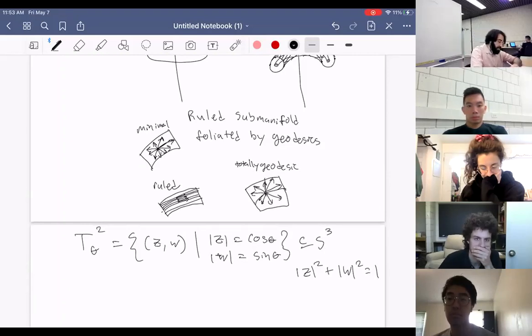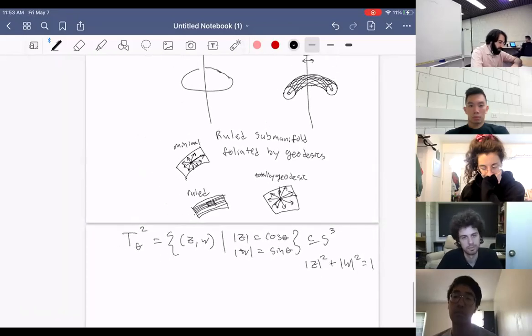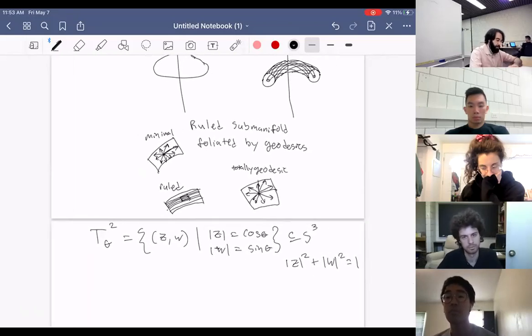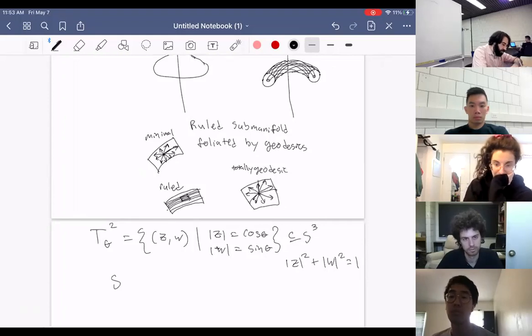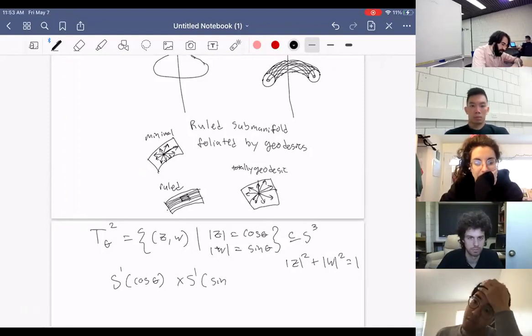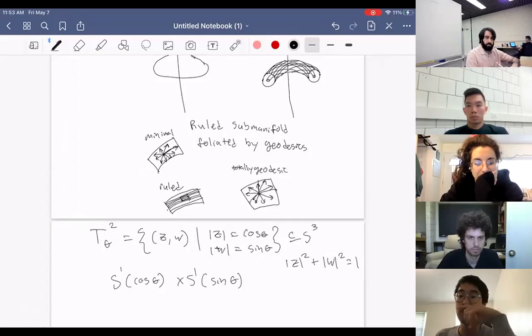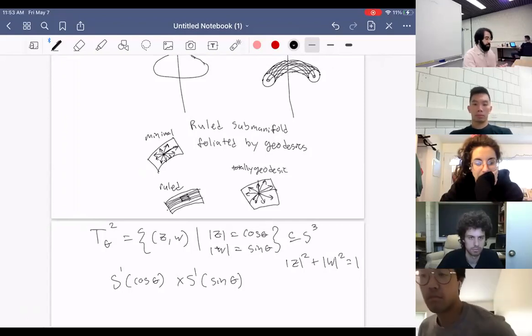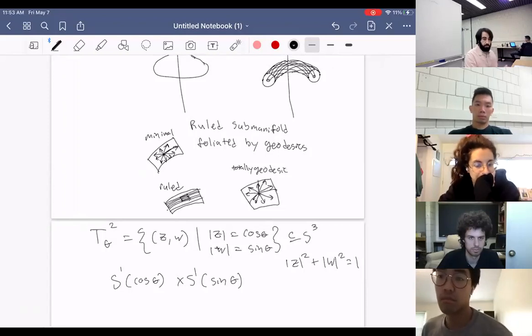So this T² is really just the product of two different manifolds. This is just the product of S¹ of radius cosine theta and S¹ of radius sine theta. It's an actual Riemannian product. The W and the Z have literally nothing to do with each other in this definition.